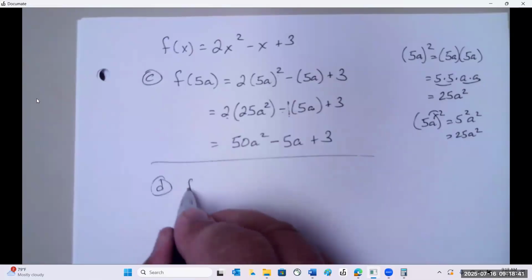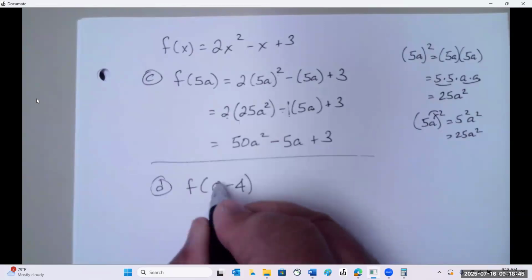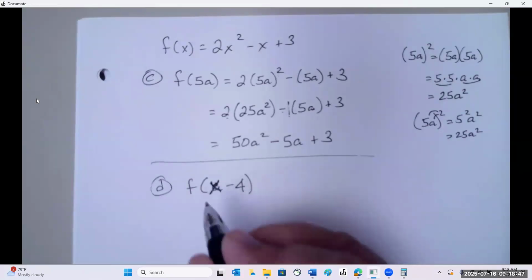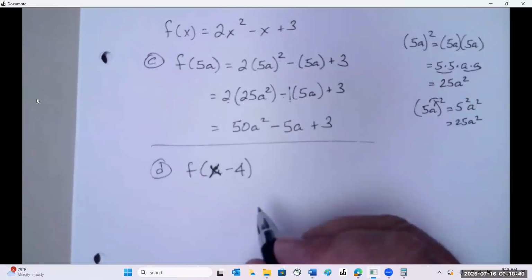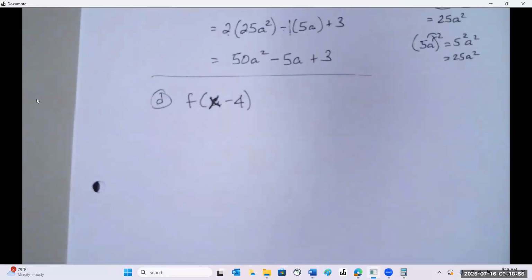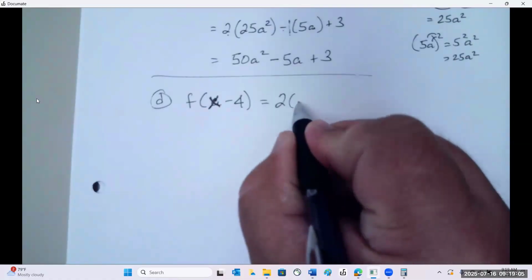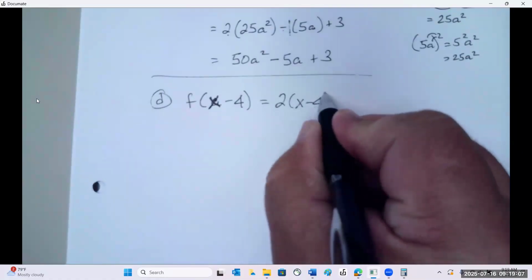D. I'm going to change this to x instead of a. If I give you this, again, I don't like that they put this in there because we haven't learned distributivity yet. So anywhere we see an x, we put an x minus 4.